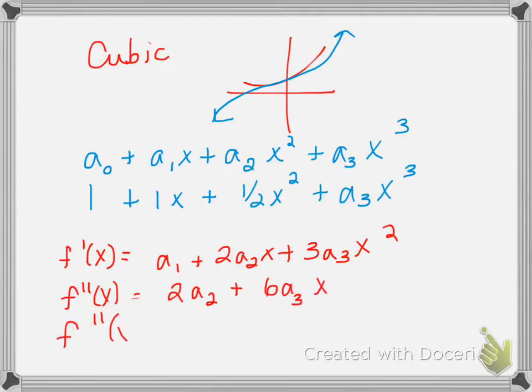And the third derivative would be 6a3. We want the third derivative of this equation to equal the third derivative of e to the x. Well, the third derivative of e to the x is still e to the x. The derivative is still 1. So we get that a3 equals 1/6. And so this here would be the polynomial with 1/6 plugged in.